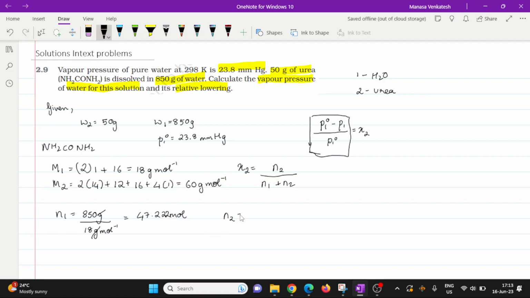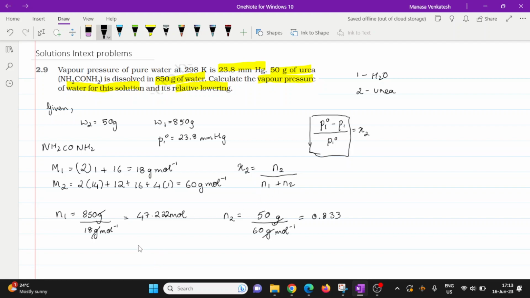N2 will be equal to 50 grams of urea, so mass divided by molar mass, 60 grams per mole. Gram gets cancelled, and then you get 0.833. And we only care about the value of X2, right? We don't need the mole fraction of water.